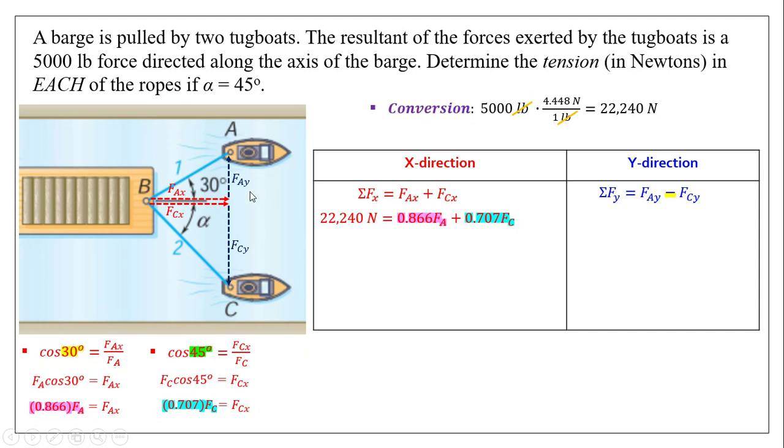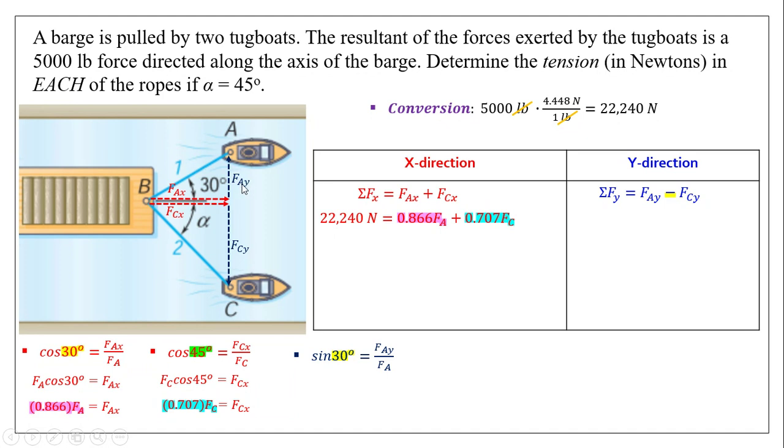In the y direction, you have two vector components, FAY pointing up, FCY pointing down. So once again, I've already introduced my negative sign here, so I can go ahead and substitute it in. I don't know what FAY is, I don't know what FCY is, but I can use the information given in the problem, and that is sine of 30, which is the top right triangle, is opposite over hypotenuse.